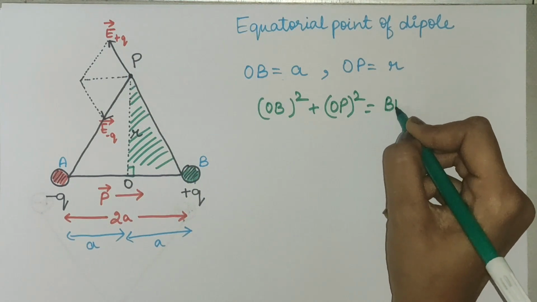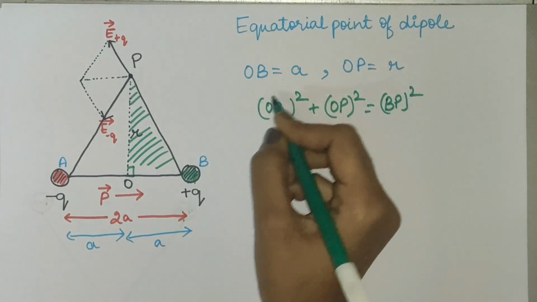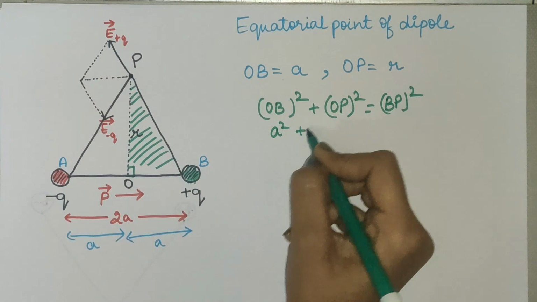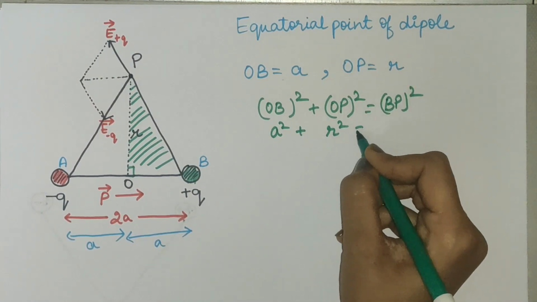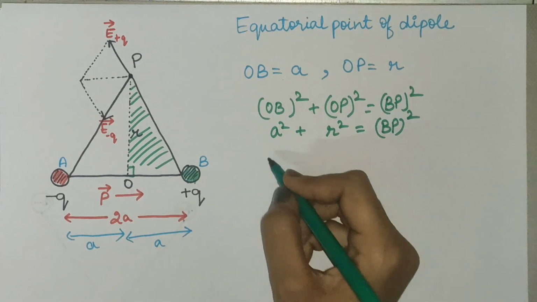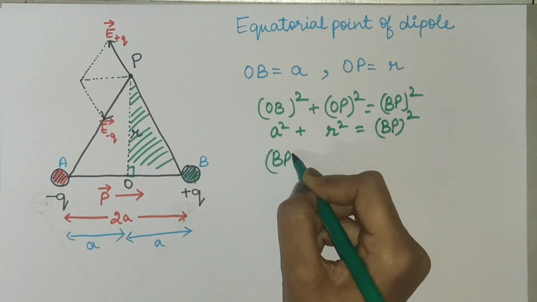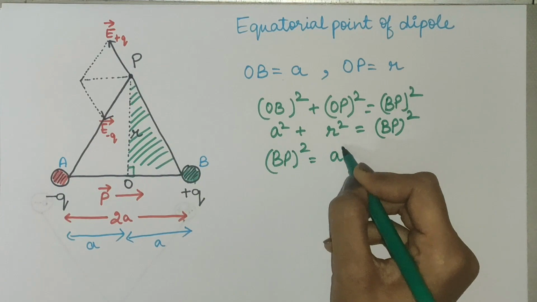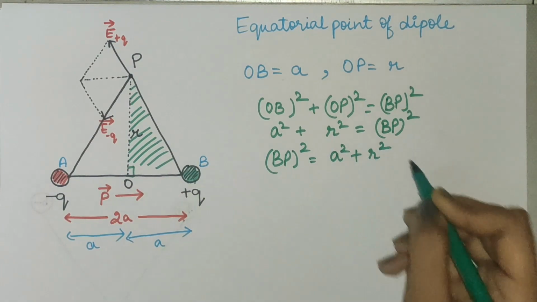So OB is a square, OP is r square, so my BP whole square is equal to a square plus r square.